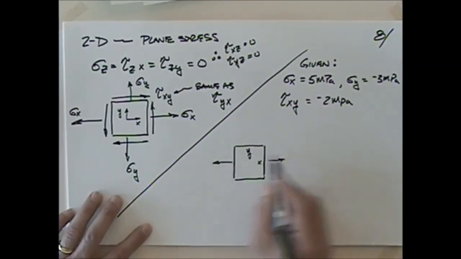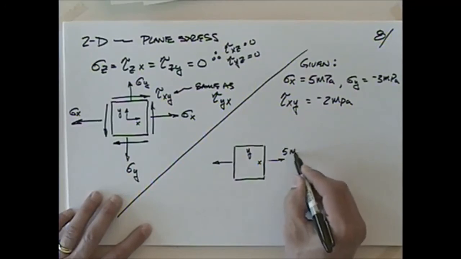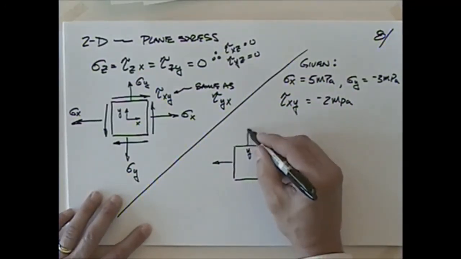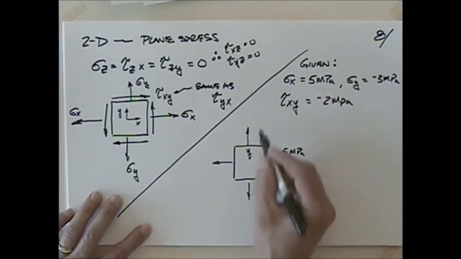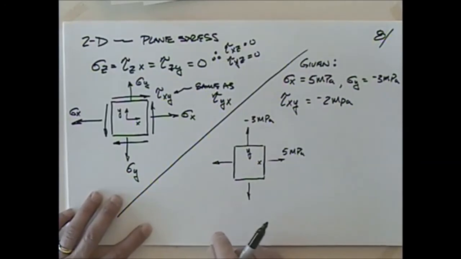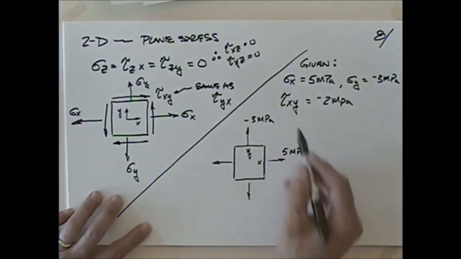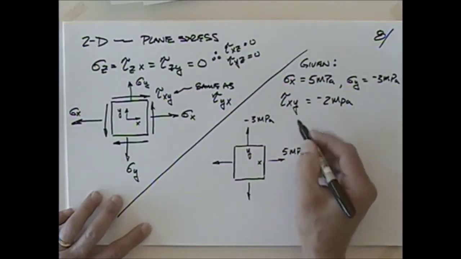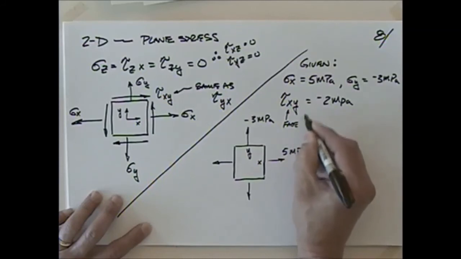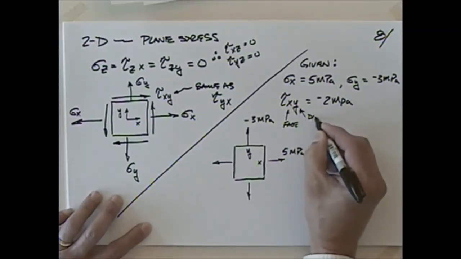So there is 5 megapascals. And then the y face, we've always drawn this positive, so I'll drop positive and I would have minus 3 megapascals. And then on the x face in the y direction, let's see, x face in y direction, right? This is the face, and this is the direction.